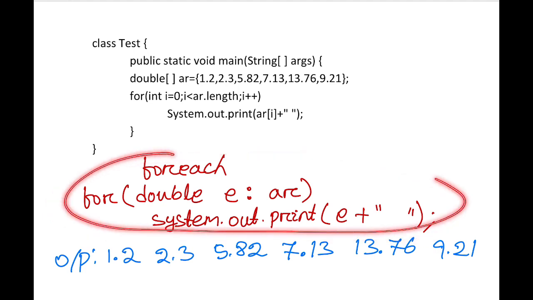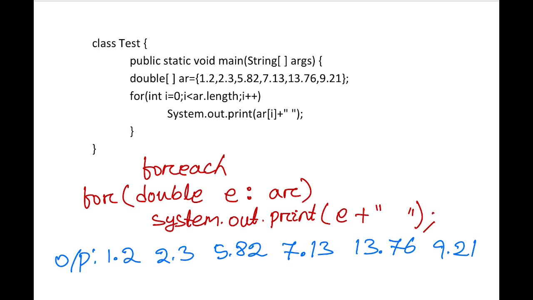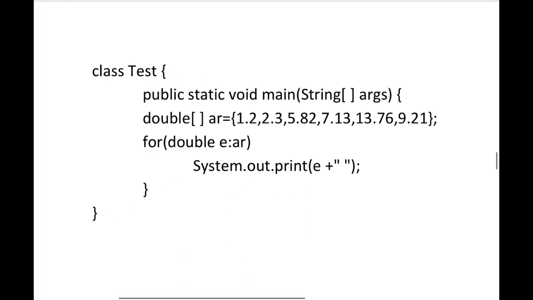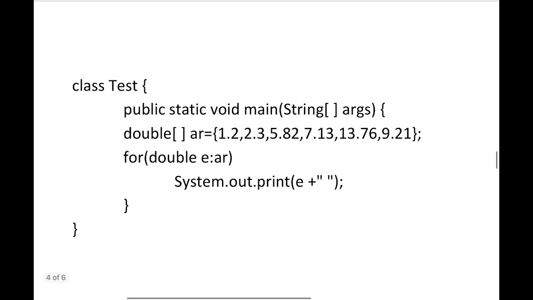So you can consider this loop while you are dealing with any array, or if you want to traverse the array sequentially. So you can see the complete program here. Class test, then public static void main, then double AR equal to 1.2, 2.3, 5.82.